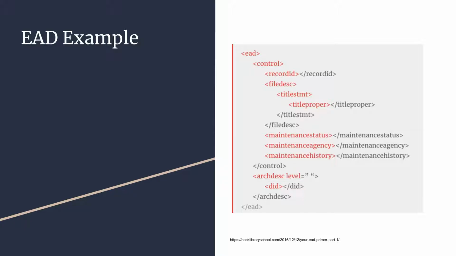This is where you will find information on collection number, title, creator, dates, language, and physical description. The archival description element is also where you will find biographical or historical information about creators, a description of content and material types, and intellectual organization of materials.